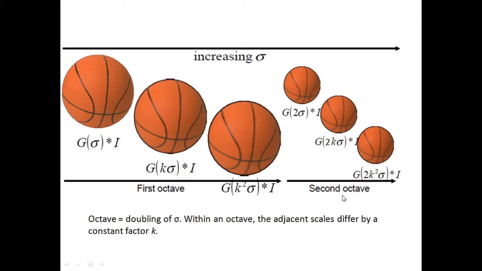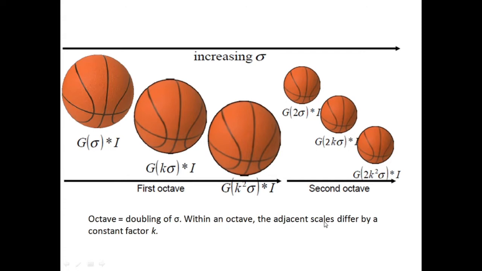So in the first octave I have the larger image size, and in the second octave the image size shrinks to half. Octave equals doubling of sigma. Here I have sigma, then 2 sigma, and so on. In this way it happens. In the third octave, you can imagine what its value will be.